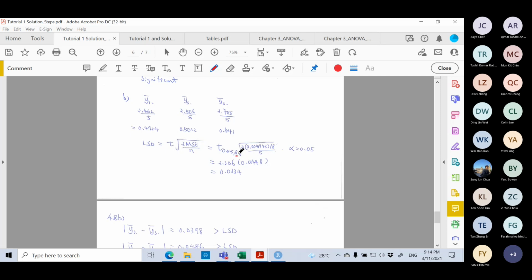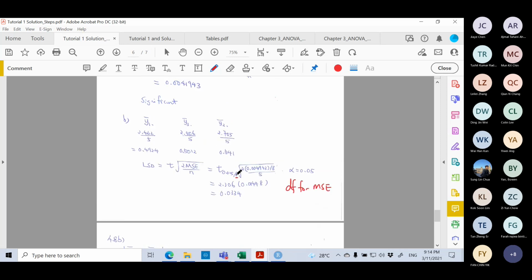So this degree of freedom refers to the degree of freedom for MSE, so it's 8. Then you will get the degree of freedom 8 here.